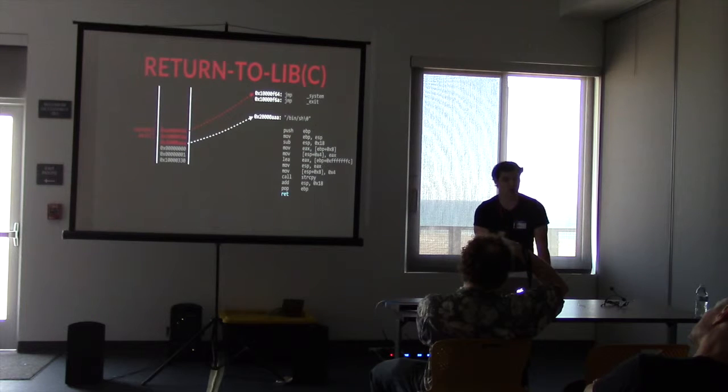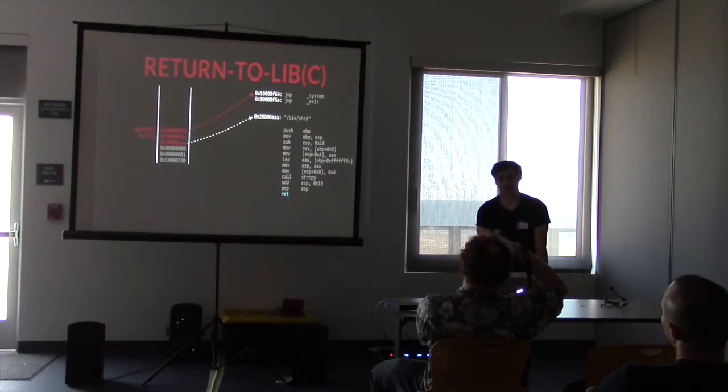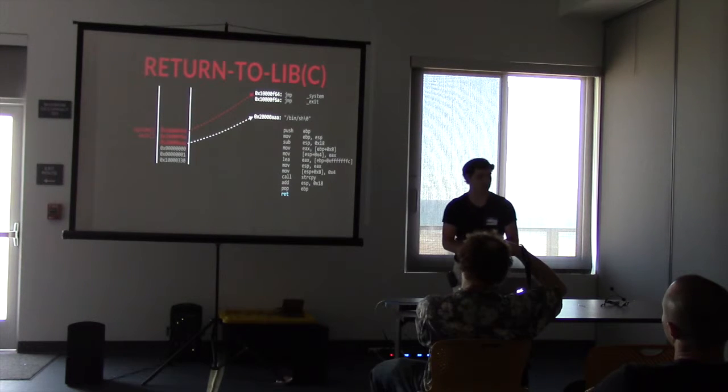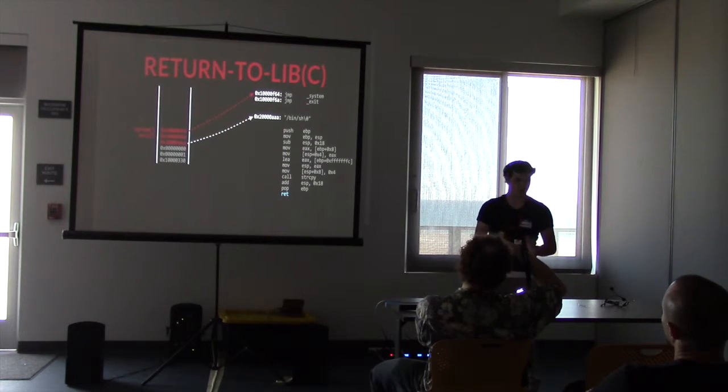Great. This is pretty easy to do in the 32-bit world because parameters are actually passed on the stack. If you're not familiar with calling conventions, the 32-bit calling convention in Linux is, let's put parameters on the stack, unless you're using some sort of faster calling convention with registers.